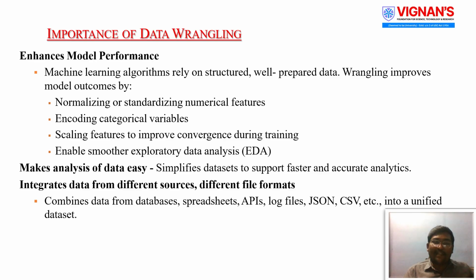Machine learning algorithms rely heavily on structured and well-prepared data. Effective data wrangling improves model outcomes by normalizing or standardizing numerical features, encoding categorical variables, and scaling features to improve convergence during the training process.